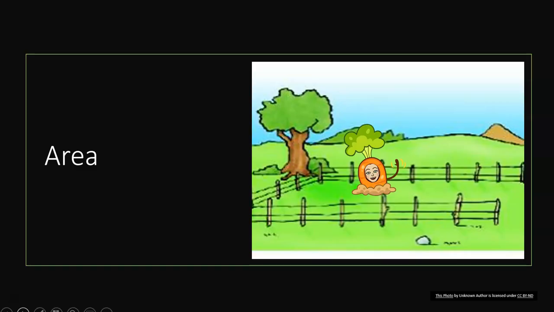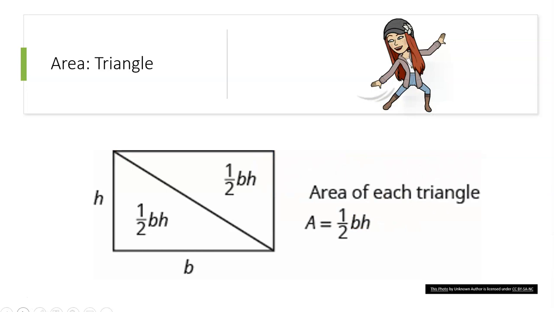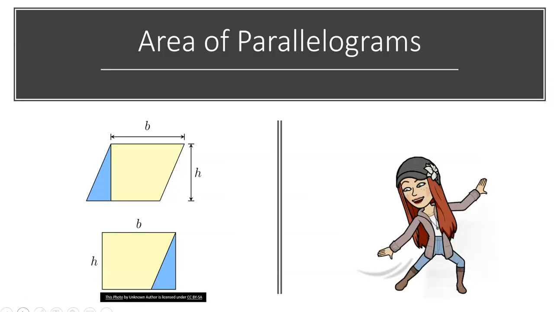Okay, so when we looked at area, we said the area was the space within the shape. We said that if we're looking at a rectangle, to find the area, we multiplied the length times the width. With our triangle, we said it was half times the base times the height, and that was because the triangle was actually half of a rectangle.